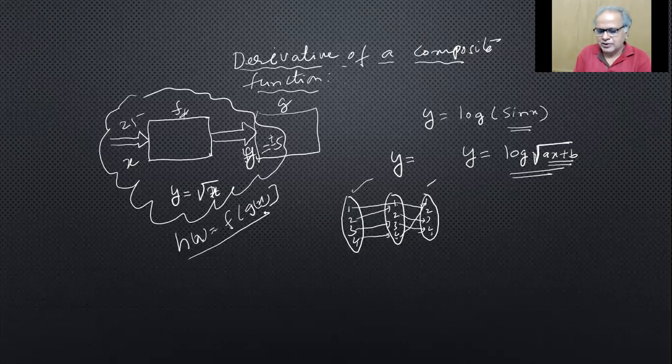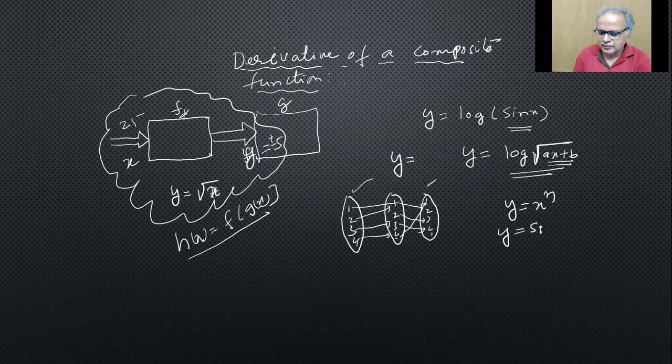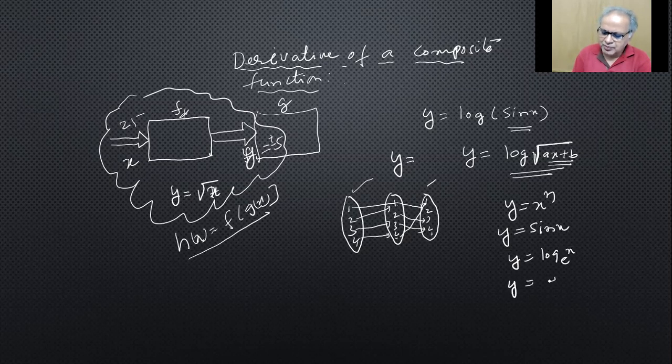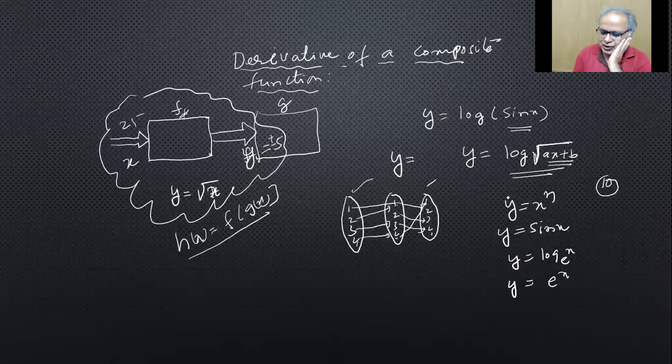My point is this. We discussed a few functions. Y equals x to the power n you have. Y equals sin x you have. Y equals log x to the base a you have. Y equals e power x you have. Like that, some 10 functions we gave in a table: 6 trigonometric functions, 7, 8, 9.